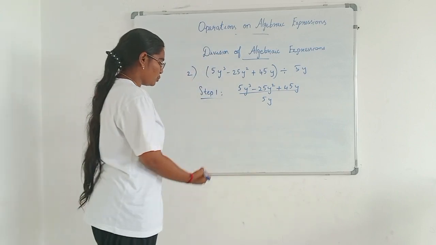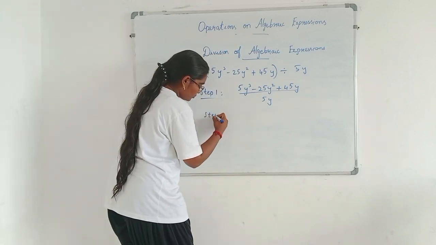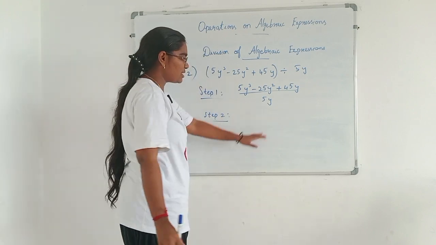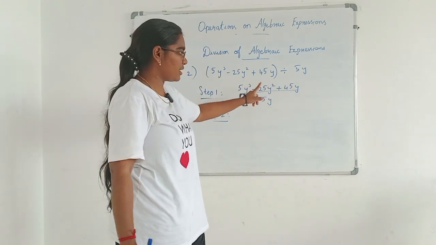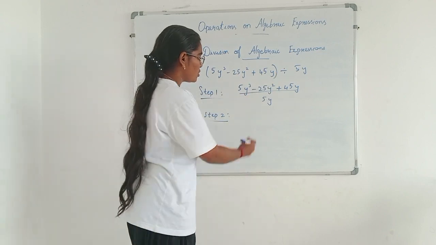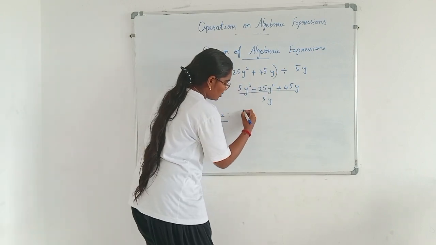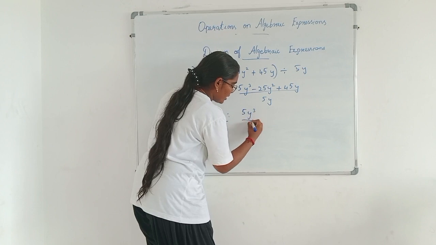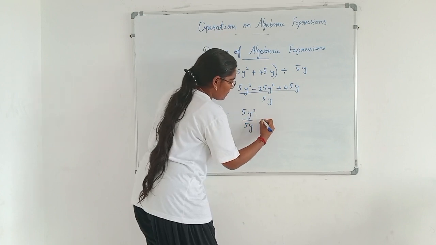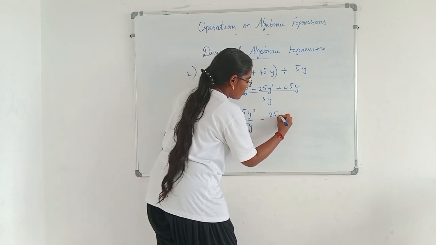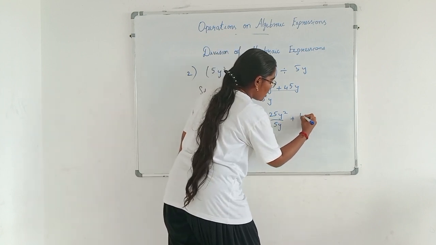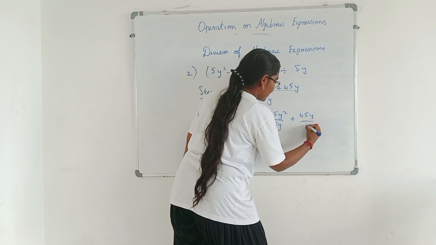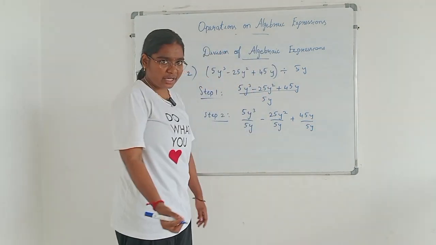Step 2: this 5y is common to these three terms, so write it as 5y cube divided by 5y minus 25y square divided by 5y plus 45y divided by 5y.